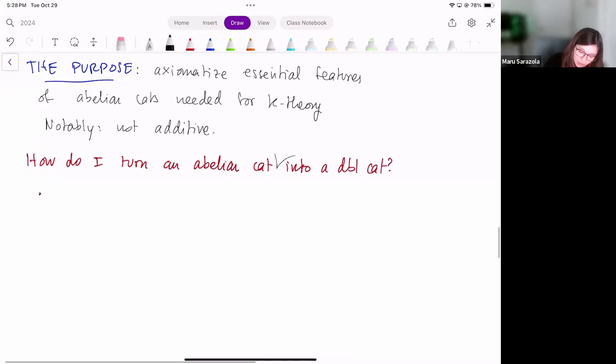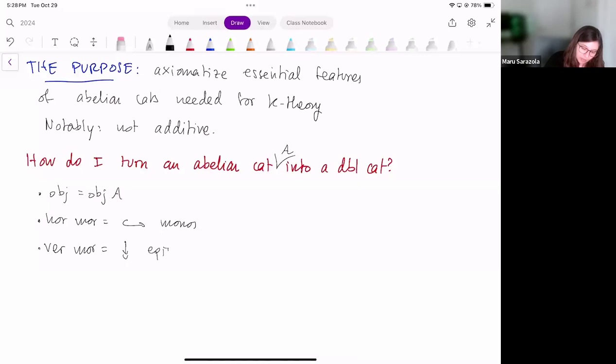Let's say my abelian category is called A. I'm going to construct a double category whose objects are the objects of A, whose horizontal morphisms are my monos, and whose vertical morphisms are going to be my epis. And now I need to decide what I want for my squares. Since I do have an underlying category, I'm going to go with the obvious choice and just take commutative squares. And we'll see how far that takes us.